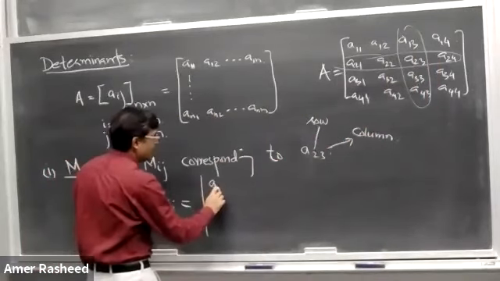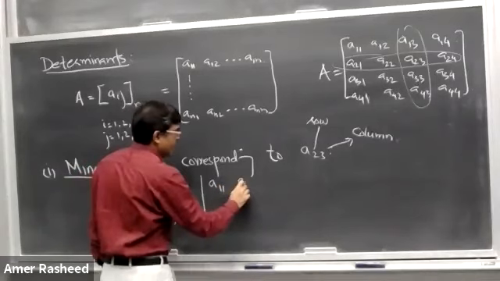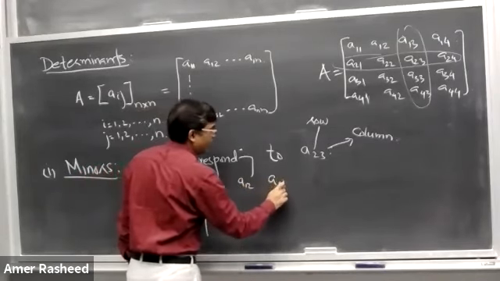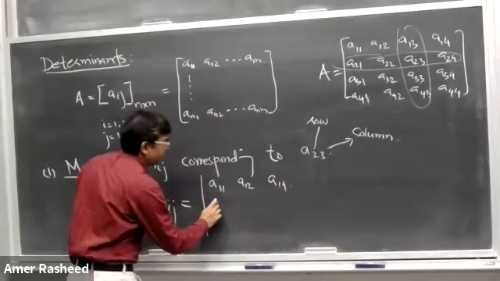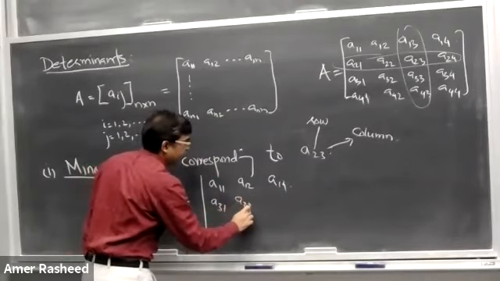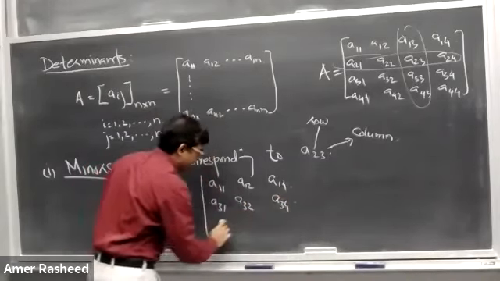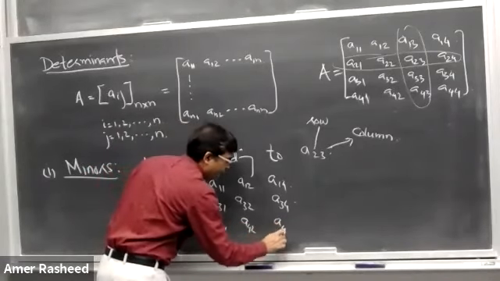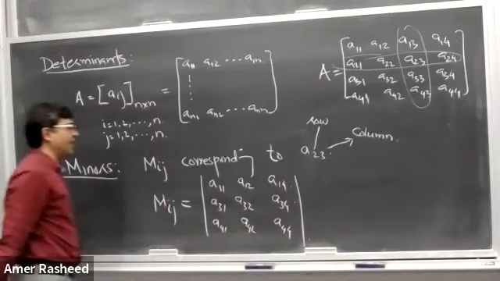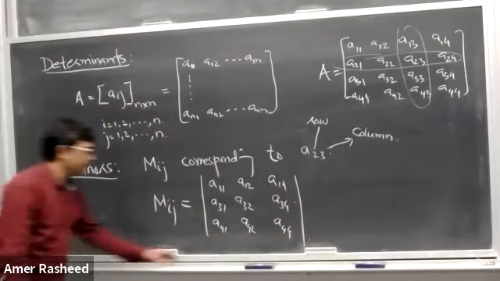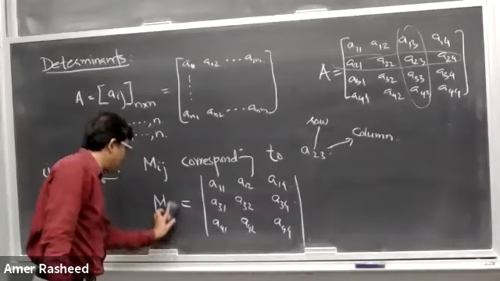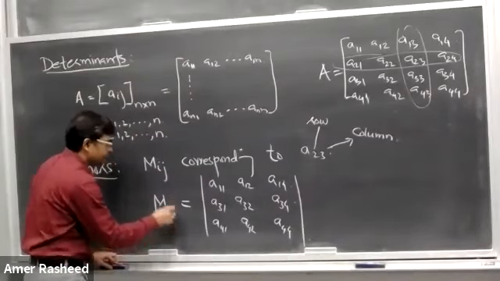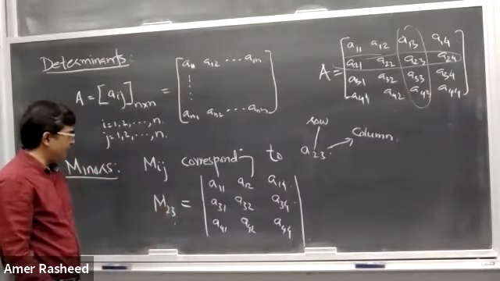We get the minor: A11, A12, A14, then A31, A32, A34, and A41, A42, A44. This is the minor of that matrix, and this is minor M23. This is how we find the minors.